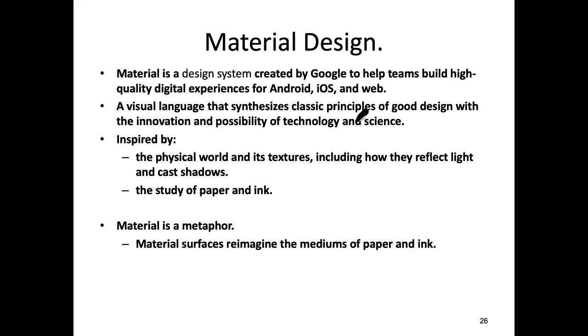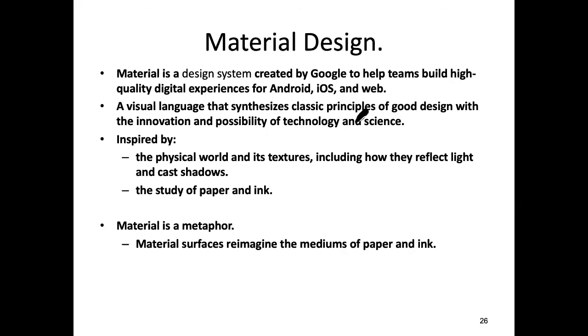I think it was 2010, or it could have been a little bit earlier, where they essentially stood back and looked at what was happening both in the web world and in the native app world, and looked at the kind of user interfaces that people were developing, and really things were all over the shop because there were no best practices or principles at the time. And so what they came up with was a design system, and it's really only a set of recommendations, a design system for building what it would consider higher quality digital user interfaces.